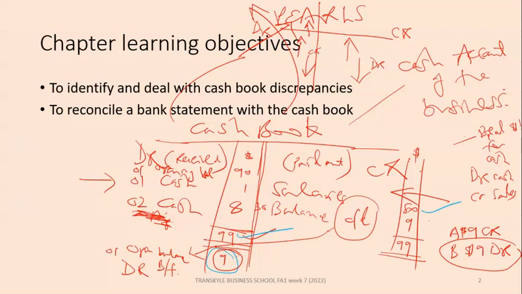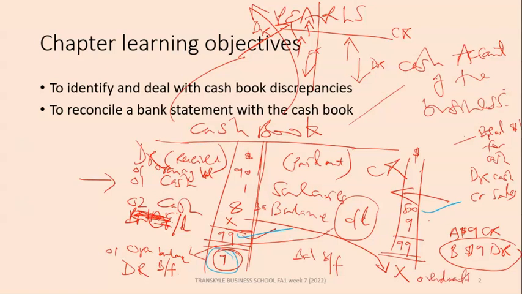Then when we have a balance BF on the credit side, say X dollars, it means that our balance CD would have occurred here. So we take that one down here. What it means is we would have an overdraft.